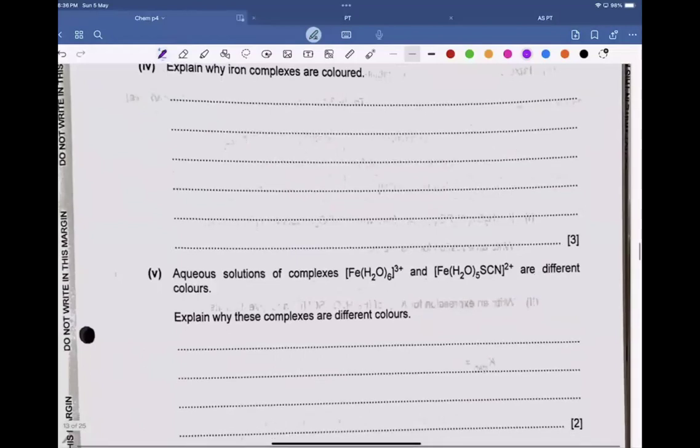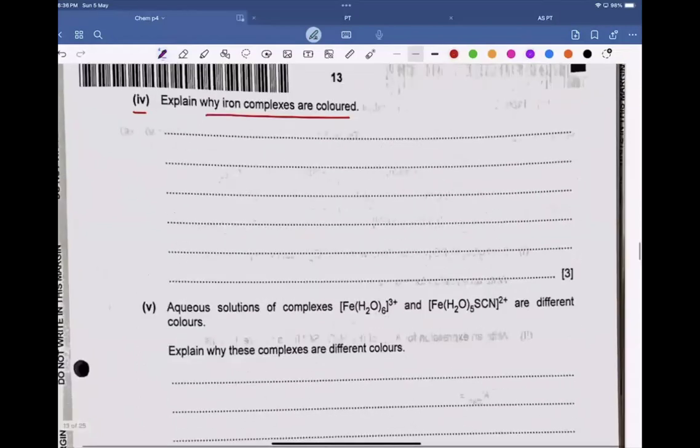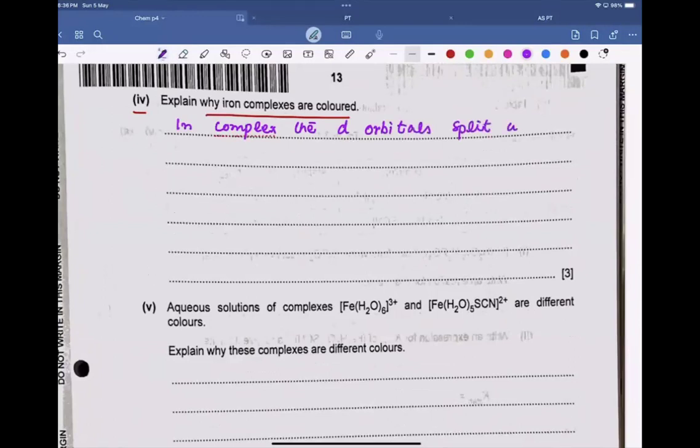So as we know that in a complex, the d orbitals are split into two energy levels, right? One group goes to the higher energy and the other group goes to the lower energy.